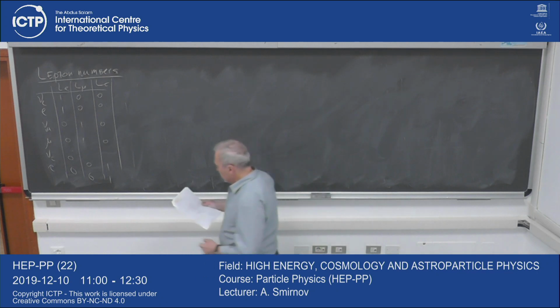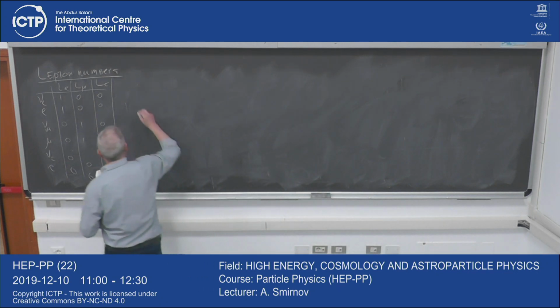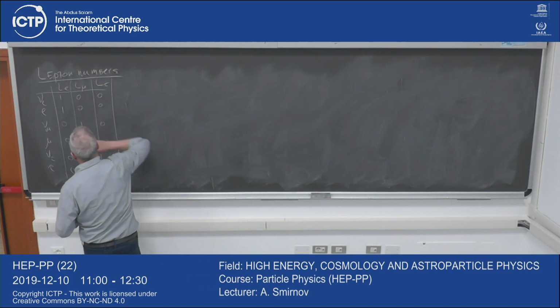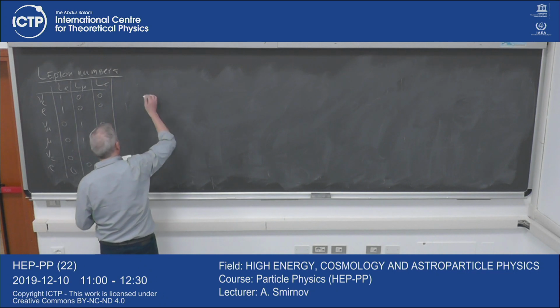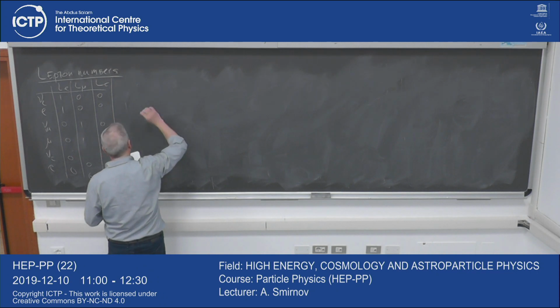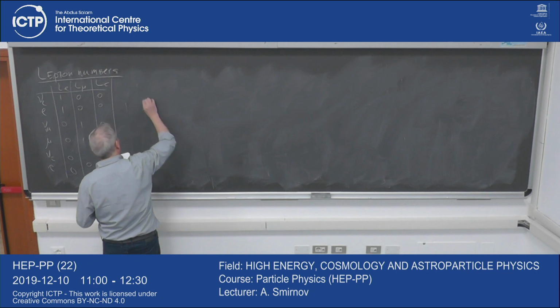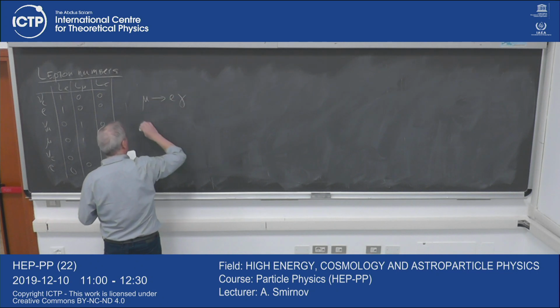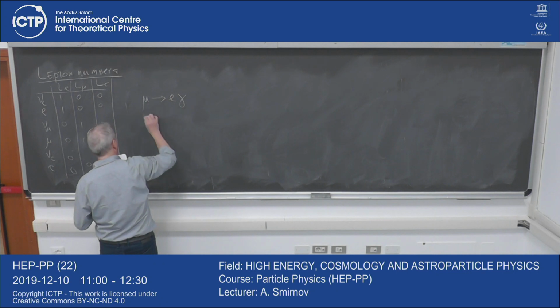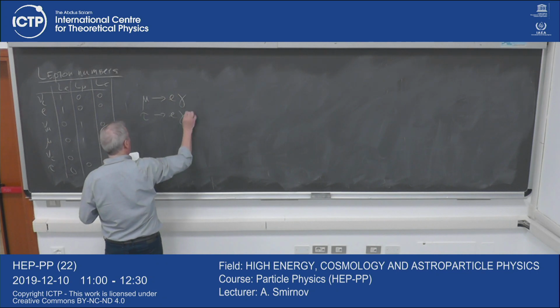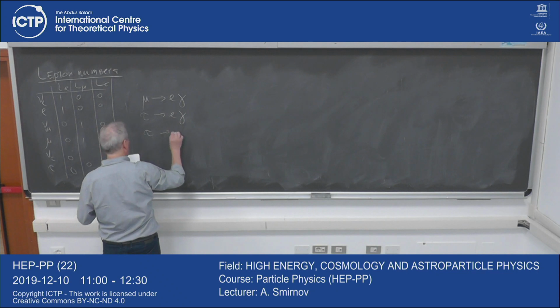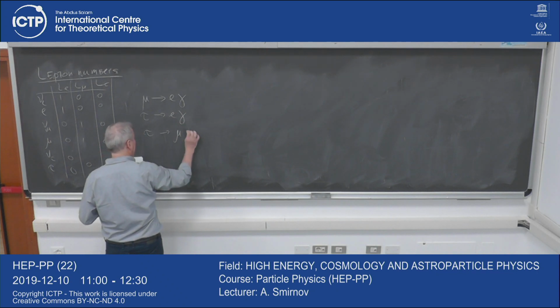And it has been tested that these are good quantum numbers by looking for decays which I have discussed, like mu to e gamma, or tau to e gamma, tau to mu gamma.